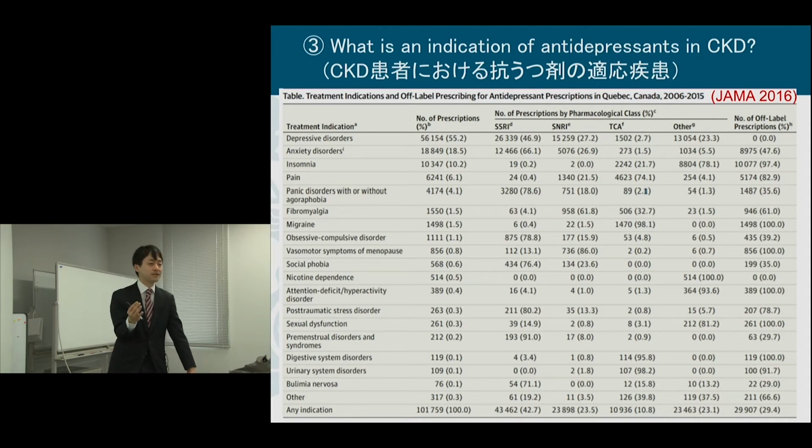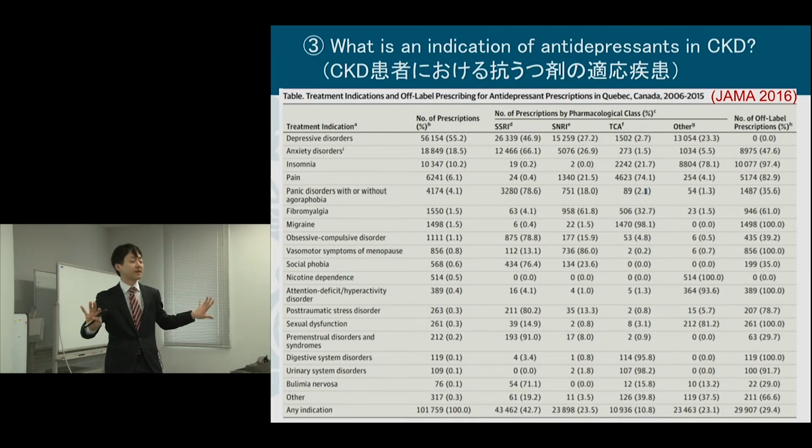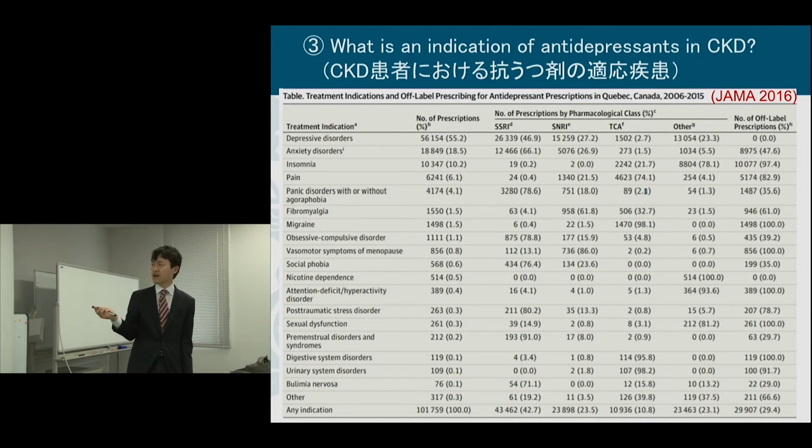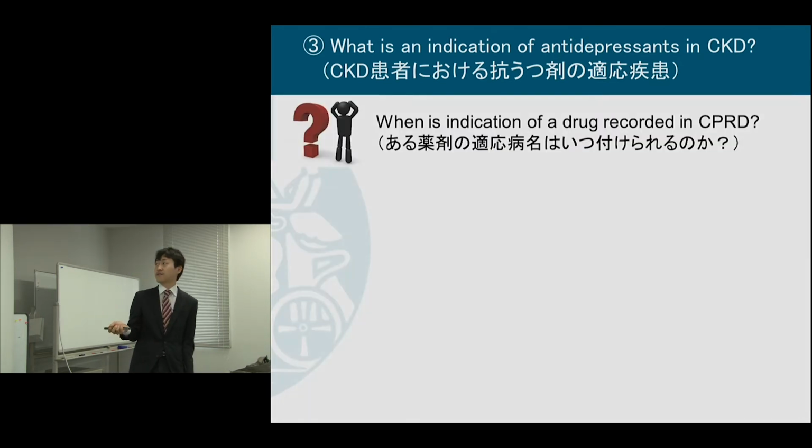But in most databases in the world, like CPRD and Japanese JMDC database, diagnosis and prescription are separate, so that we don't know which diagnosis is contributing to the prescription. So that the kind of strategy is needed to identify when is indication of a drug recorded in the database.